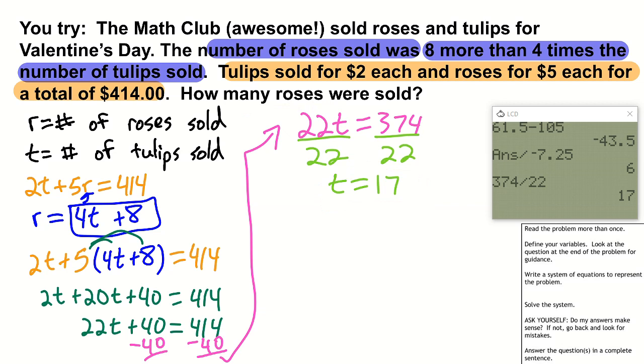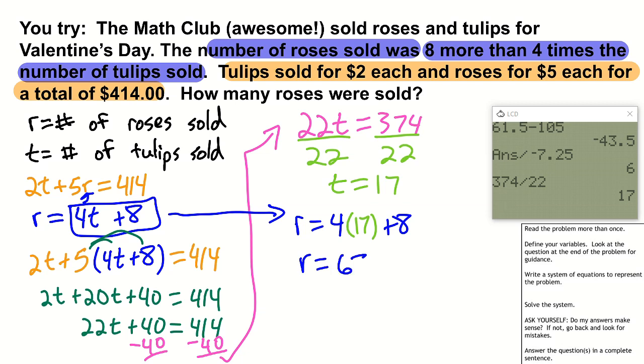So now we need to figure out the number of roses sold. So I'm going to take this and do R is equal to 4 times the number of tulips, which was 17, plus 8. 4 times 17 is, let's see, 2 times 17 is 34, so double that is 68.